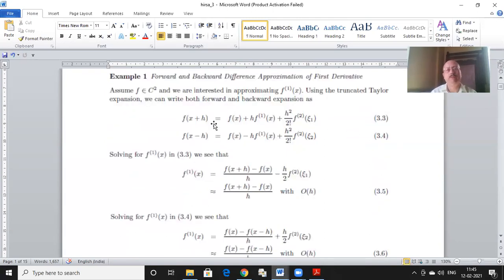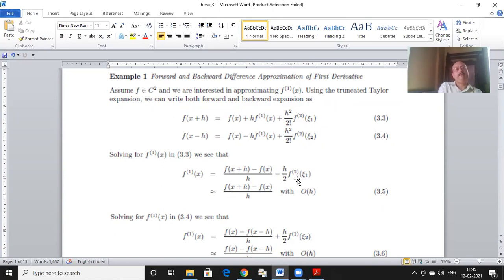So from the forward expansion, if I solve for f^(1)(x), I will get this forward ratio, (f(x+h) minus f(x)) by h, minus the correction term. Now I make the approximation assumption that this is my approximate expression and the error of approximation is comparable to h.